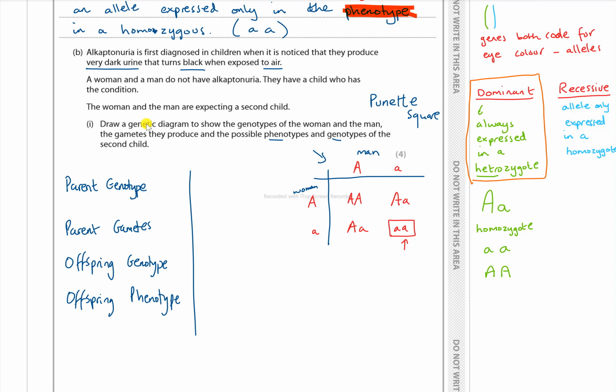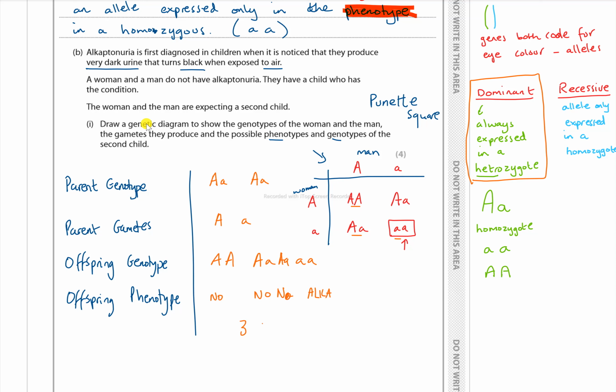Right, so the parents had Aa. So the genes that they produced were that. Right, the kids either had AA, Aa, or aa. And the phenotype would be no condition, no condition, and then you've got alka.